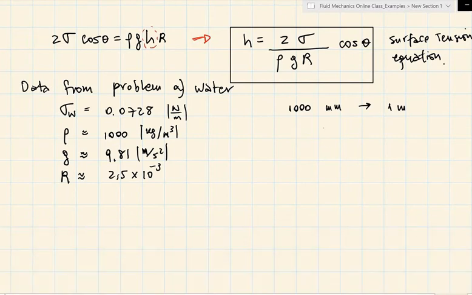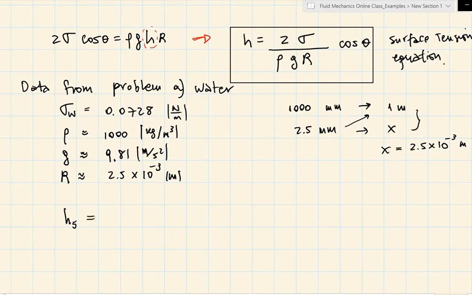So 2.5 millimeters is X, and 1,000 millimeters is 1 meter. We do a rule of 3, and we get 2.5 times 10 to the minus 3 meters. This is how we convert from millimeters to meters.